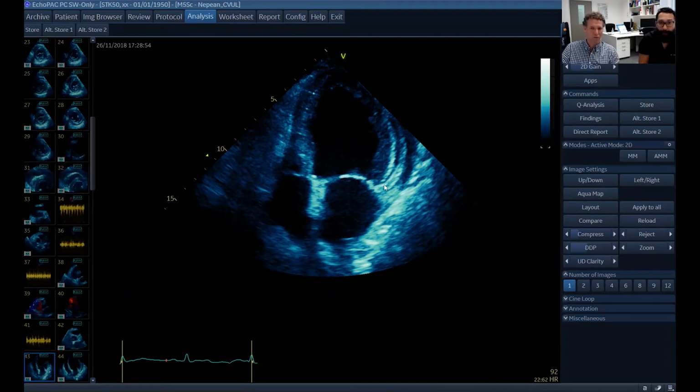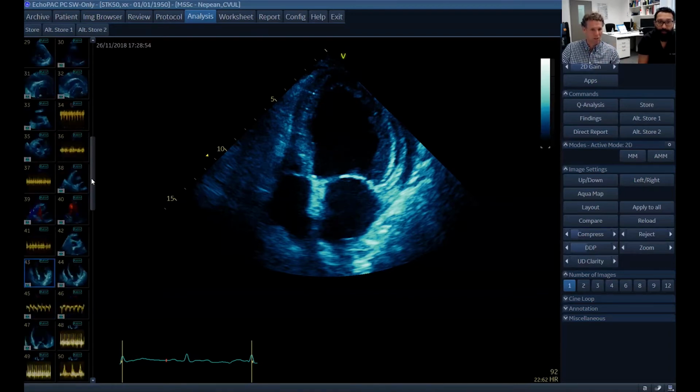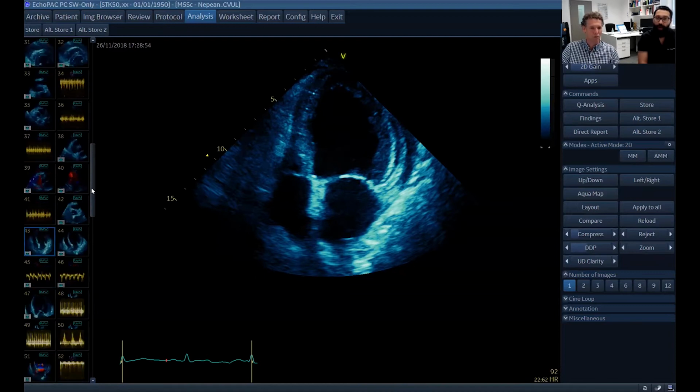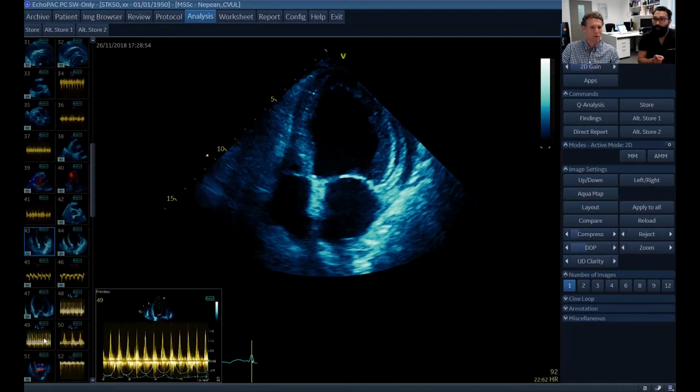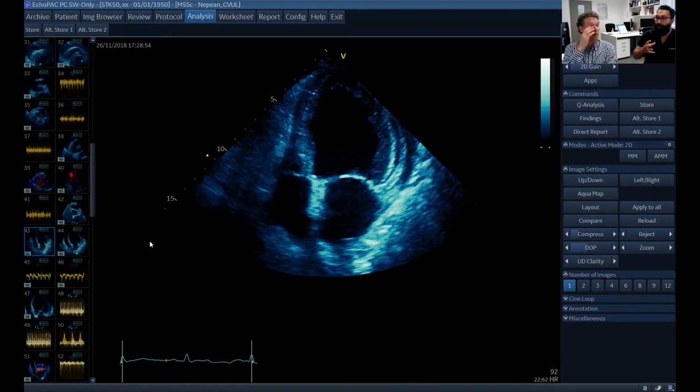Because you can get LV and LA collapse, but those are much less common than in the lower pressure chambers, the right side. And I think for critical care doctors, where that becomes relevant is post-cardiothoracic surgery, where you get loculated effusions and collapse of isolated chambers, basically. So that's something to be mindful of. And particularly post-surgery, if you're not getting good views, have a low threshold to pop the TOE probe down and have a look.